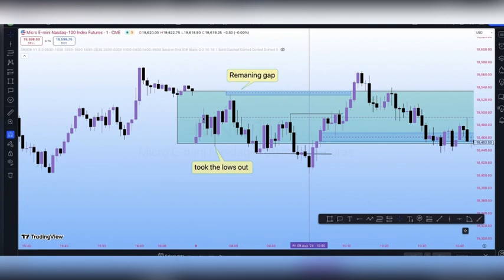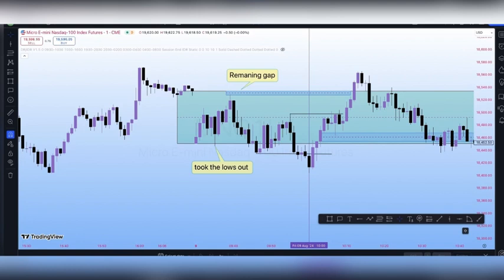during the trading session. After the price took out the lows and displaced above, yet still left a portion of the gap unfilled, this unfilled area becomes particularly significant. According to ICT's principles, the remaining part of the gap represents an area lacking buy-side delivery, making it a potential draw for liquidity in the future.